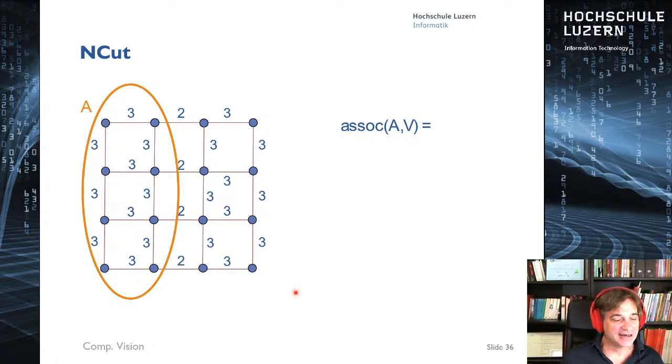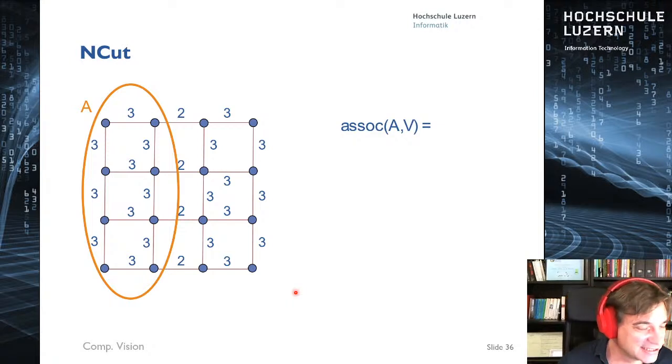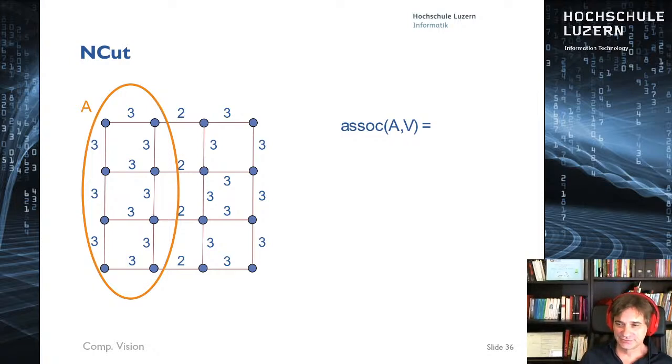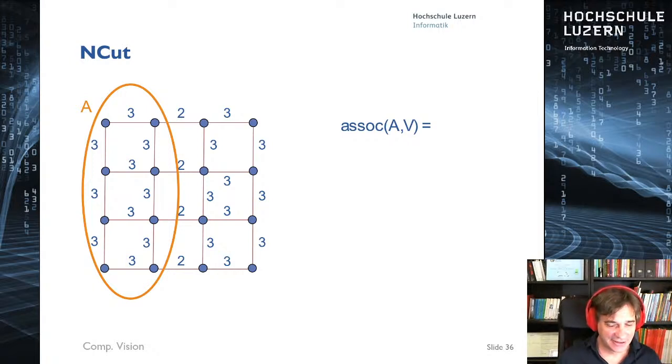That would be the sum of all the edges that have at least one edge in A. Well, it's obviously all edges here, but, and I forgot that yesterday, we have to include all the edges also that start here but go to one edge less.